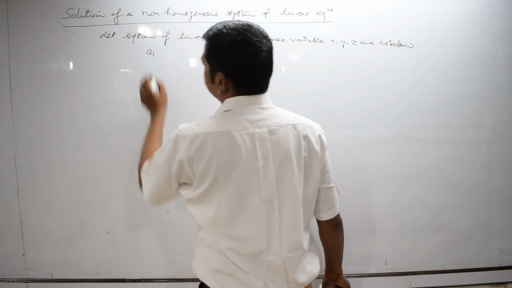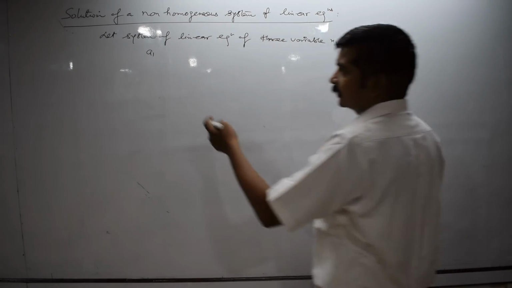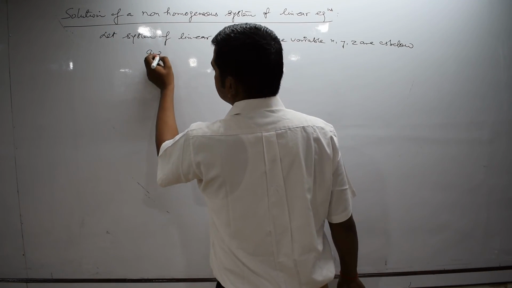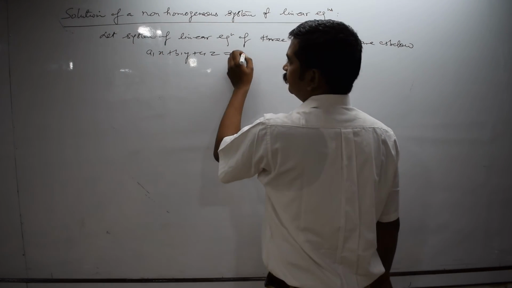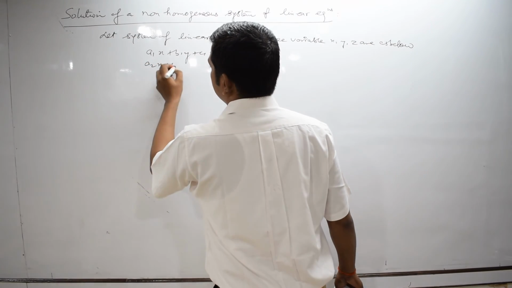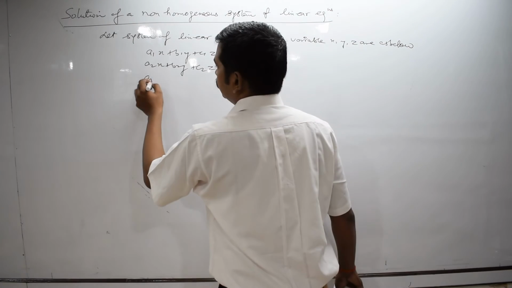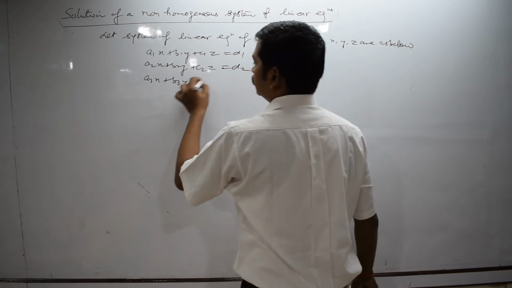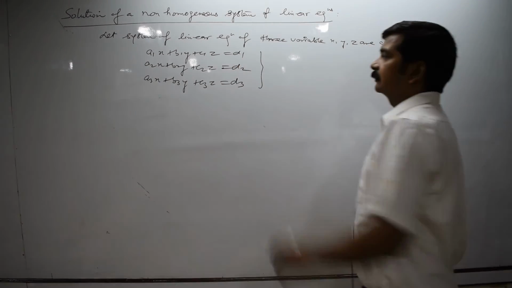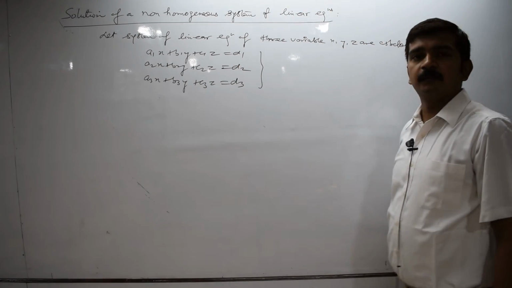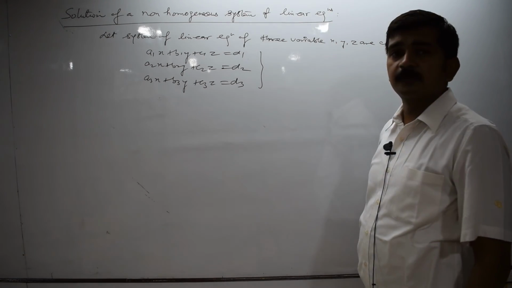Here we are given three linear equations in the variables x, y, z, like a1x plus b1y plus c1z equals d1, a2x plus b2y plus c2z equals d2, and a3x plus b3y plus c3z equals d3. These are the three linear equations of variables x, y, z and are known as the system of linear equations.